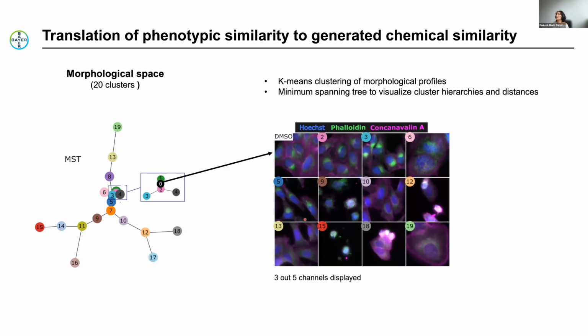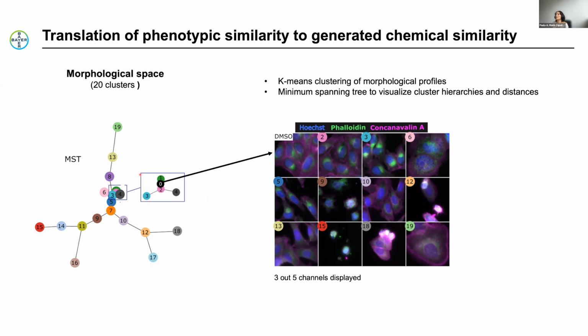To answer this question, we decided to go for a clustering-based approach, where we initially clustered the morphological space using 20 clusters. Here on the left, I'm showing a minimum spanning tree, which recapitulates the hierarchical organization of those clusters in the high-dimensional morphological space. If two clusters are adjacent to each other, they are also closer in this high-dimensional space.